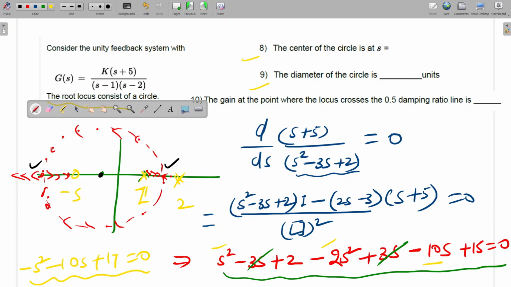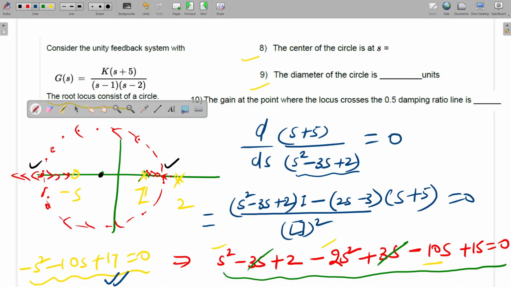All of you can solve this quadratic equation also. So whatever value of s we get, that will be the breakaway and break-in point, from this equation. So I am going to solve this equation. 1 second. Minus s square minus 10s plus 17. Minus 1, minus 10 and 17. How much are we getting?